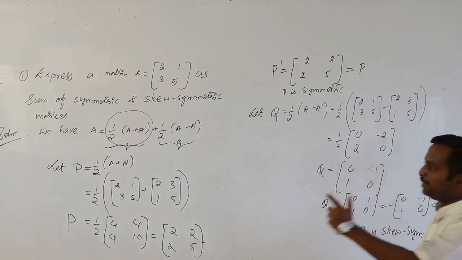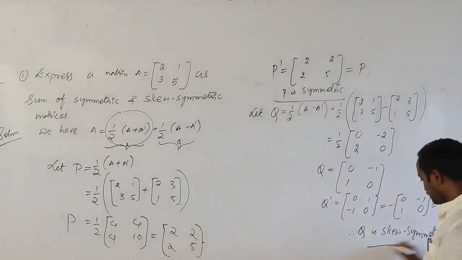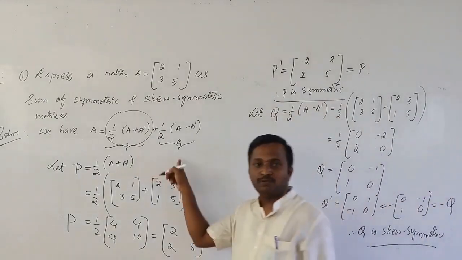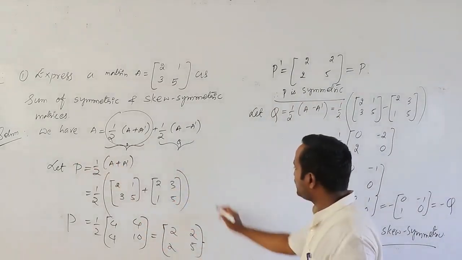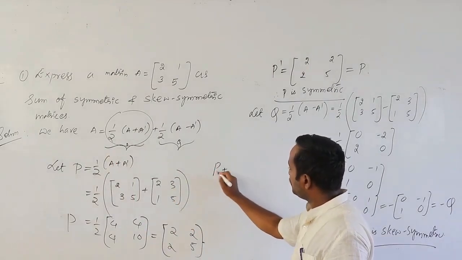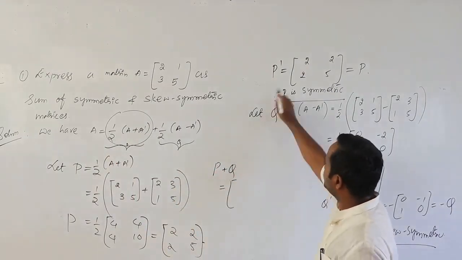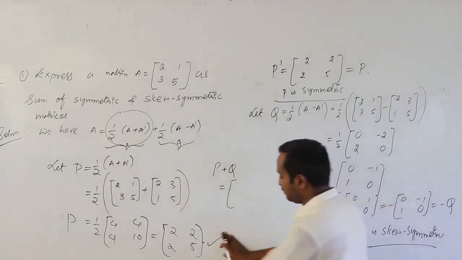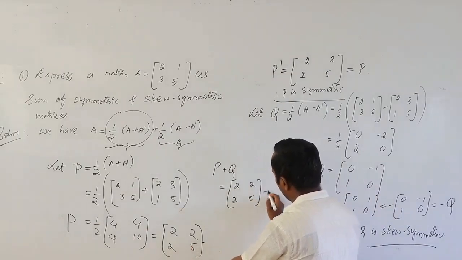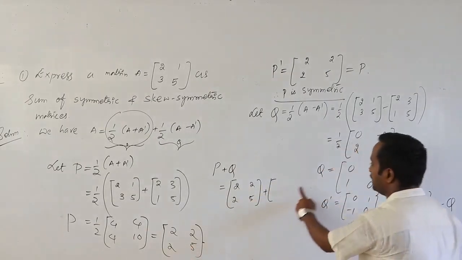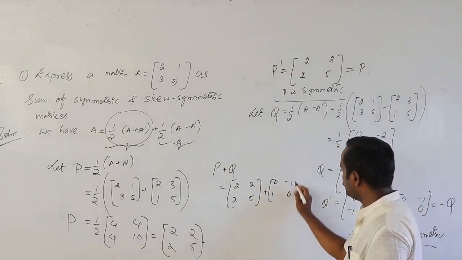Observe the point. P is symmetric. Q is skew symmetric. P plus Q is A. Let us check: P is 2, 2, 2, 5, plus Q, which is 0, minus 1, 1, 0.